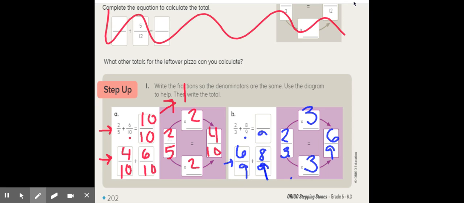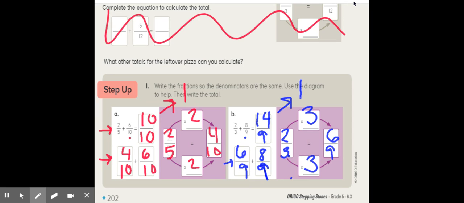I know the answer will be in 9ths because my units don't change, but I'll add my numerators, 6 plus 8, and I'll get 14. I'm an expert, so I know how to change that into a mixed number. 14/9. How many groups of 9 in 14? There's 1 group of 9. How many leftovers?